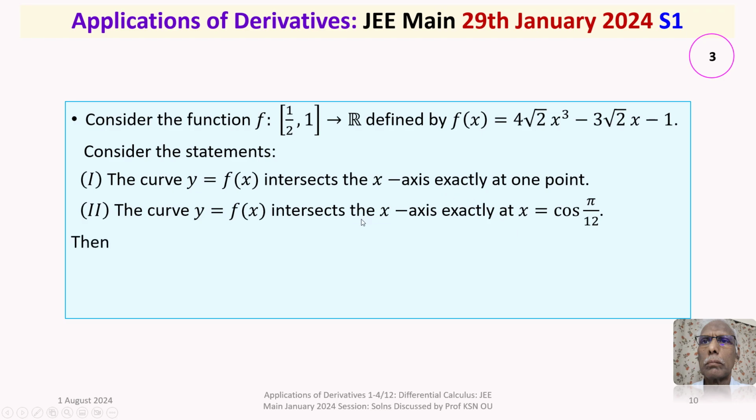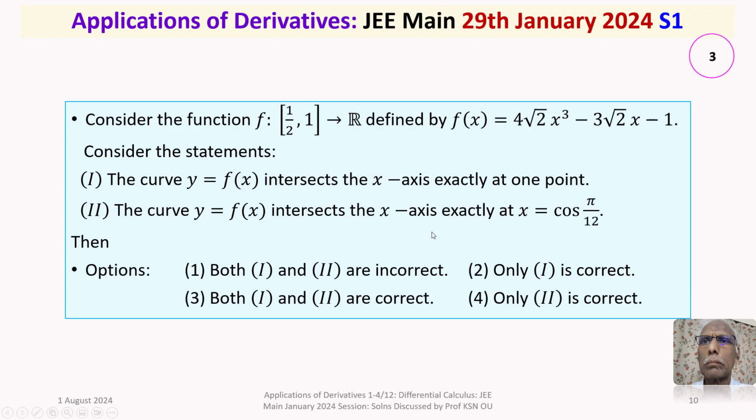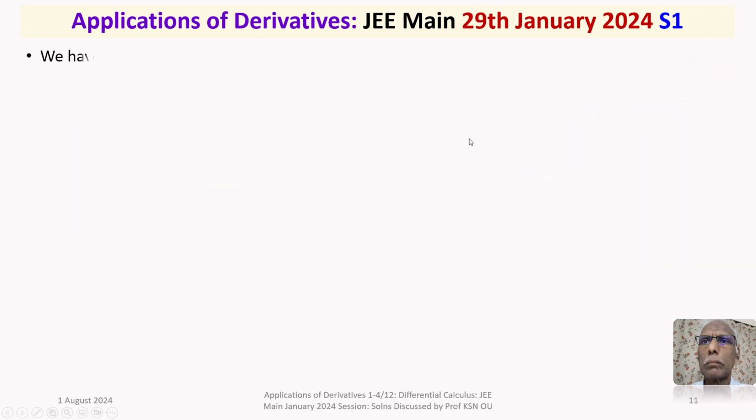So then we are given four options. Which of them are true? Are both true? Are both false? One of them is true, the other is false. So such kind of routine options are given to us. Right. Let's move to the next slide for the solution.